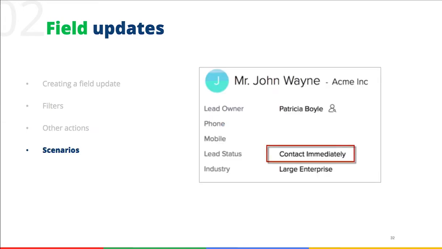So, what exactly are the scenarios for field updates? The best example I would say is discounts, and we've constantly seen our customers do this. Let's say an estimate is created for a value that is less than 10,000 rupees or dollars, and I've specifically mentioned that no discount has to be given in that case.